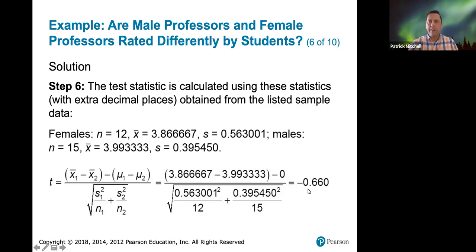And the calculated test statistic comes out to negative 0.660. I will point out that if you made males number 1 and you made females number 2, this would come out to positive 0.660. Since we are doing a two-tailed test, it doesn't matter.